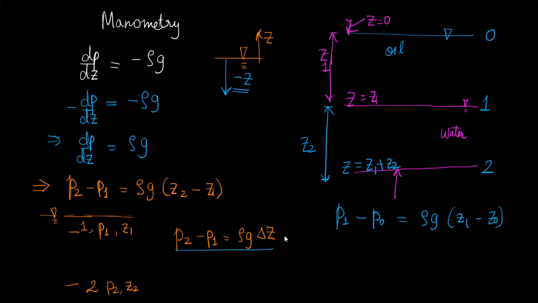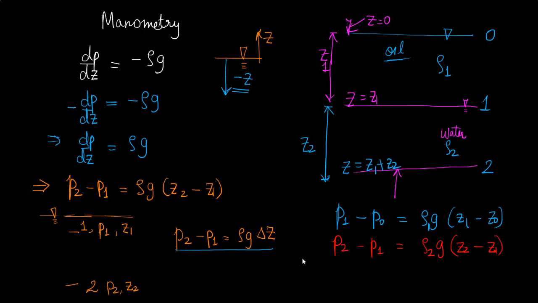Let us now apply this equation between points 2 and 1. So we have P2 minus P1 is equal to, first of all we have forgotten to write the rho of this particular oil. Let me call it rho 1. Let me call the rho of water rho 2. For water it will be rho 2 g, and between points 2 and 1 this will be (Z2 minus Z1).